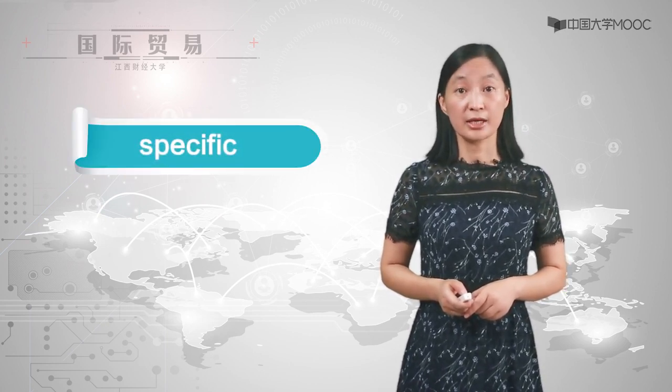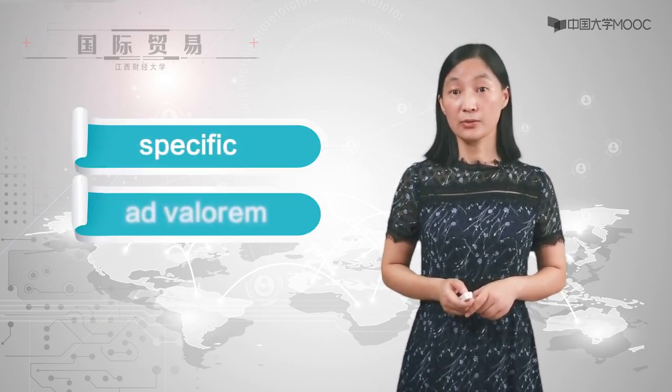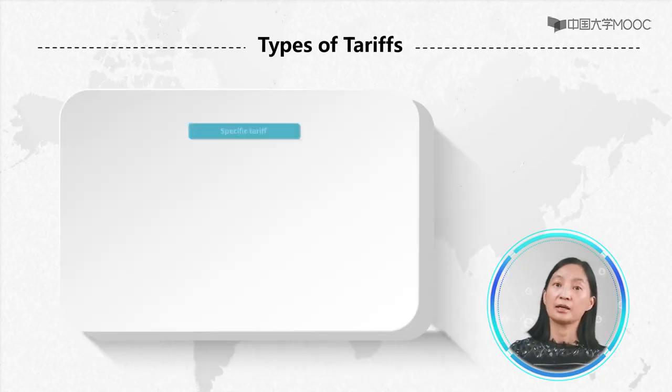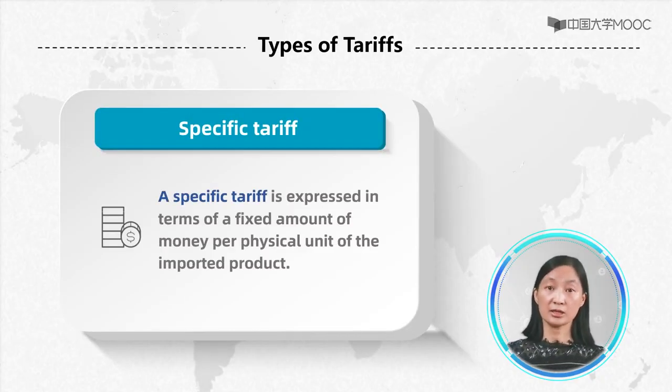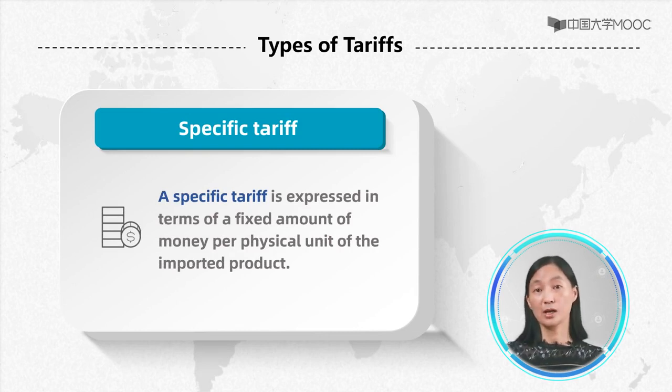In terms of means of collection, tariffs can be specific, ad valorem, or compound. A specific tariff is expressed in terms of a fixed amount of money per physical unit of the imported product. For example, a Chinese importer of a Japanese computer may be required to pay a duty to the Chinese government of $100 per computer, regardless of the computer's price.